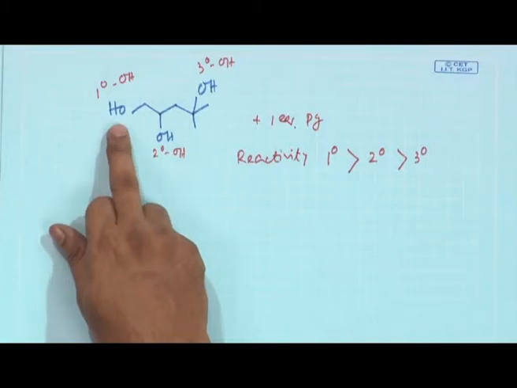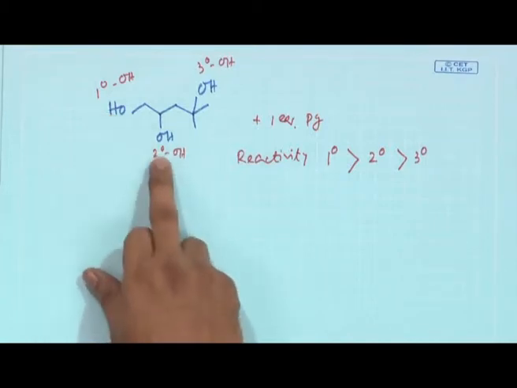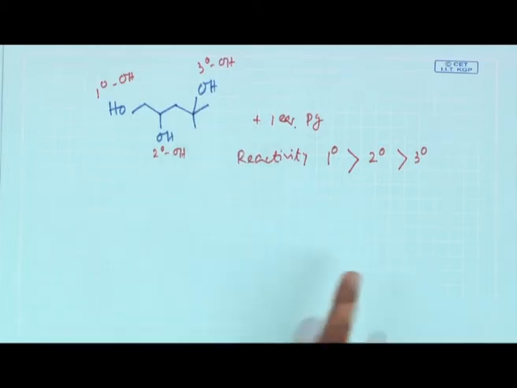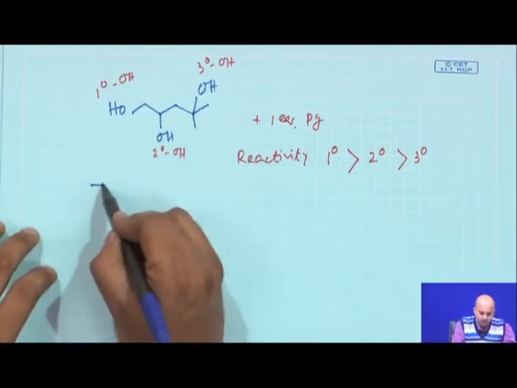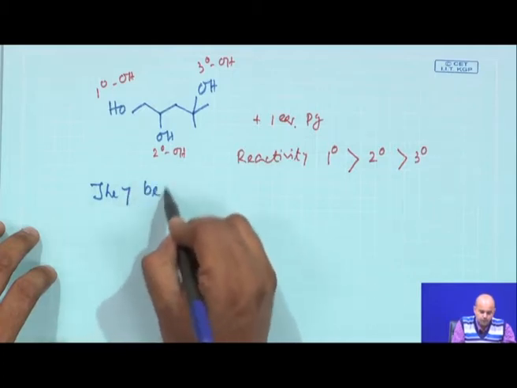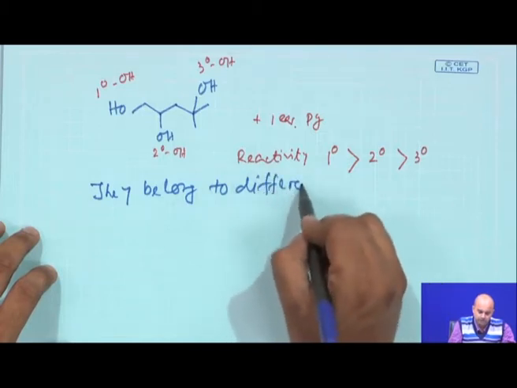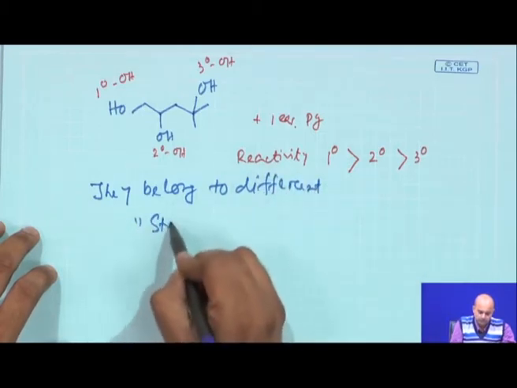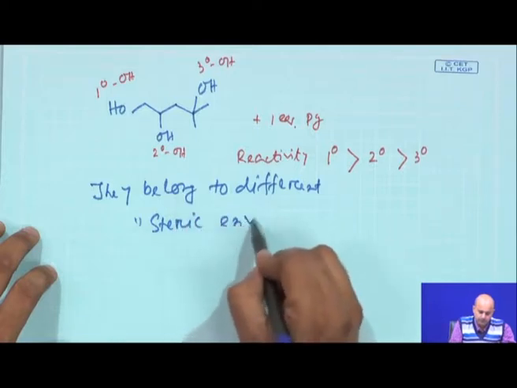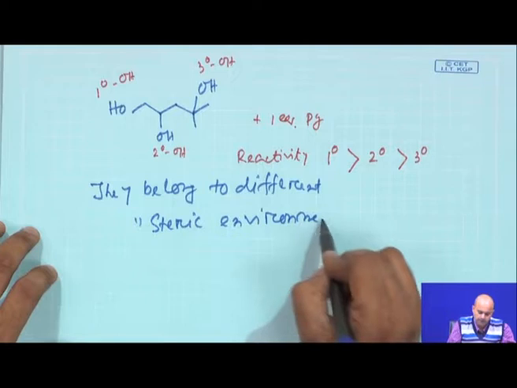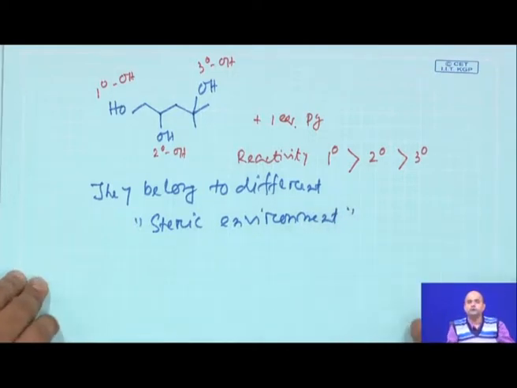Now, if your 3 functional groups are having a similar environment, like all 3 are primary, then you have to choose stoichiometric control, and if the groups are different, like one is primary, one is secondary, one is tertiary, their steric environment is different, they belong to different steric environments, and in those cases you can control it through the steric crowding.